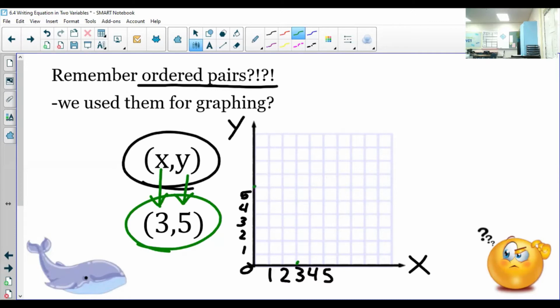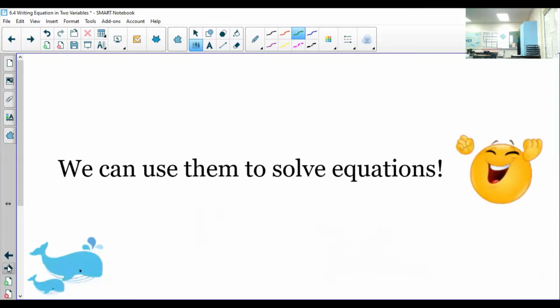And then if I join those two points to where they meet, I would put my dot right there at 3, 5. Hopefully this is ringing a bell, because we can use them to solve equations. You can take an ordered pair and solve an equation. Here's what I'm talking about.